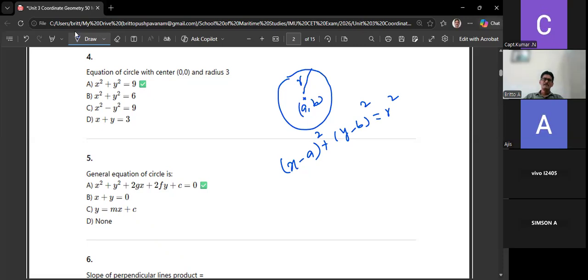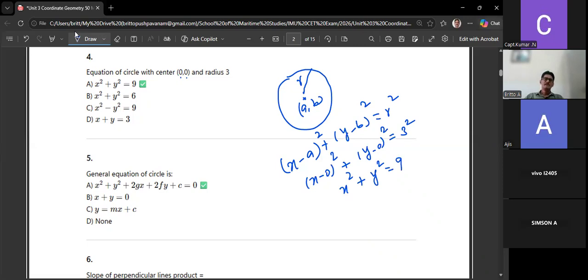Here they are given the center is 0 comma 0, which is the value of a is 0, value of b is 0. Then the radius is given 3 units. So if you put the values here, then you get x minus 0 the whole square plus y minus 0 whole square equal to, right, 3 square. So x square plus y square equal to 9.